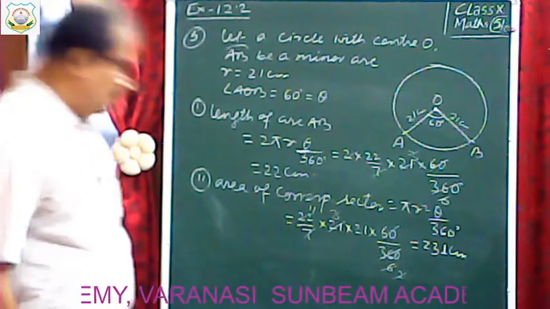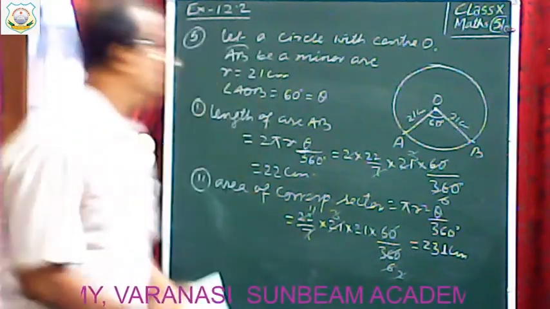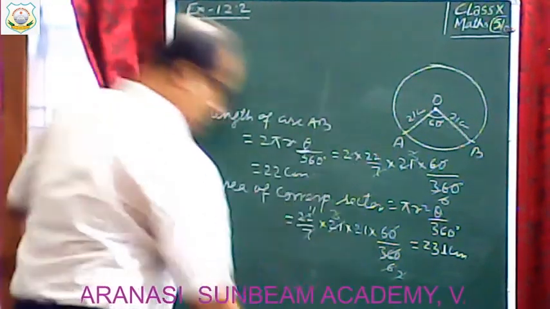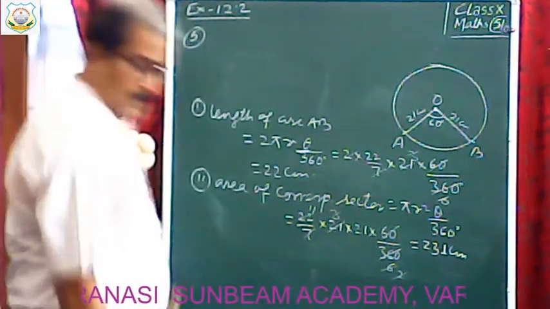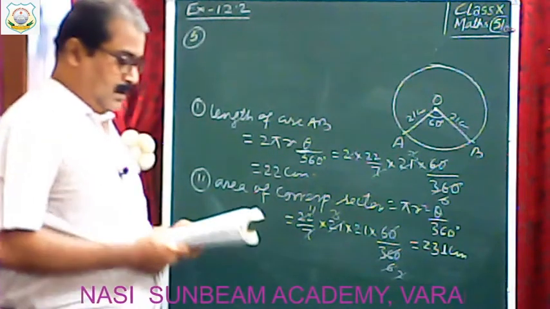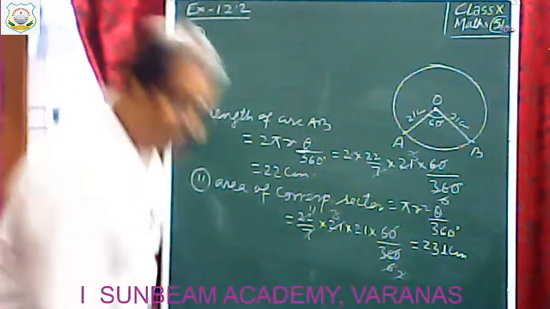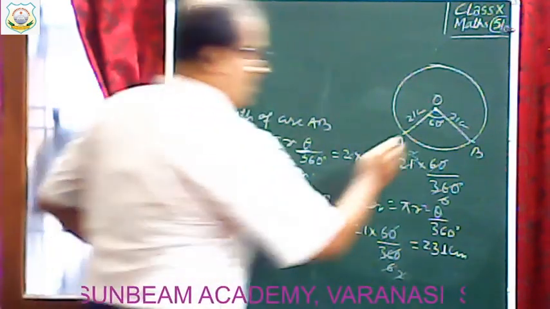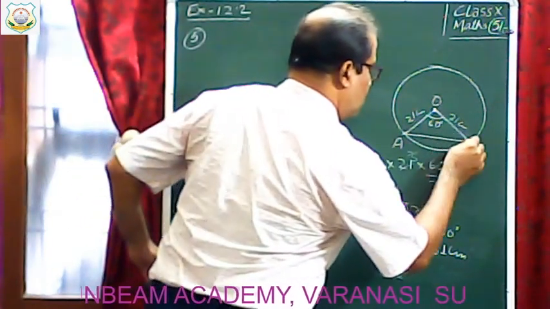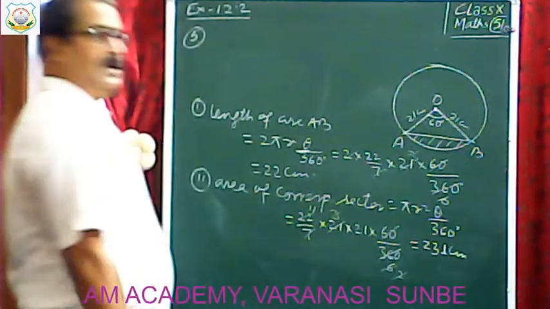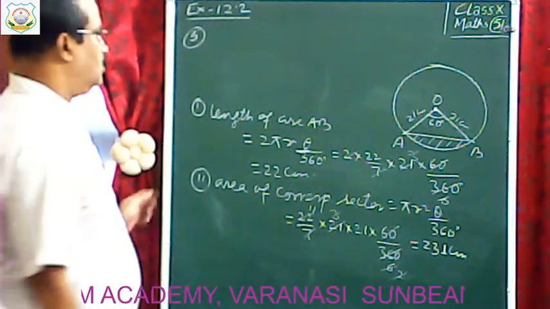And thereafter, third one is area of the segment formed by the corresponding chord. Chord means you have to join AB, then area of that minor segment you have to find out.